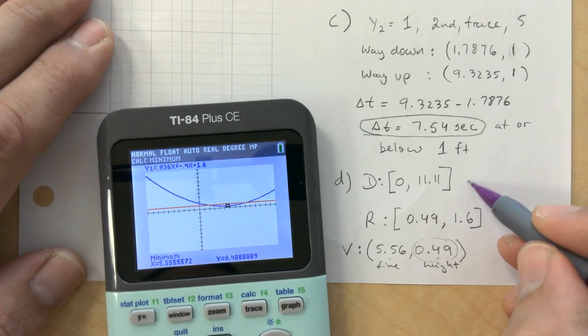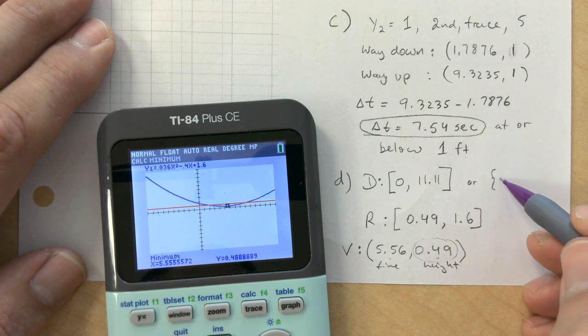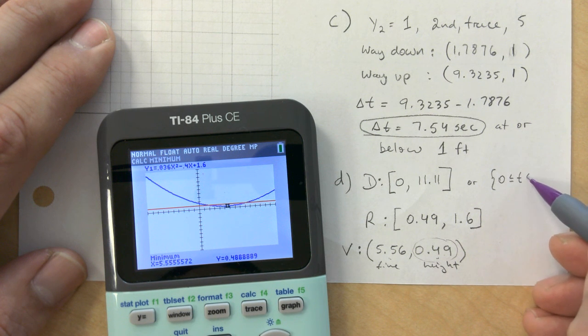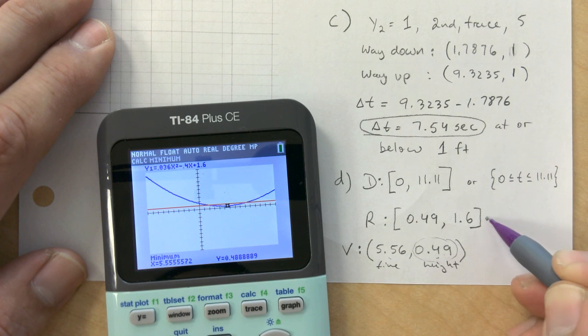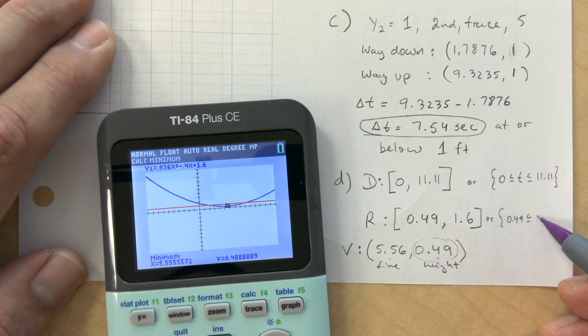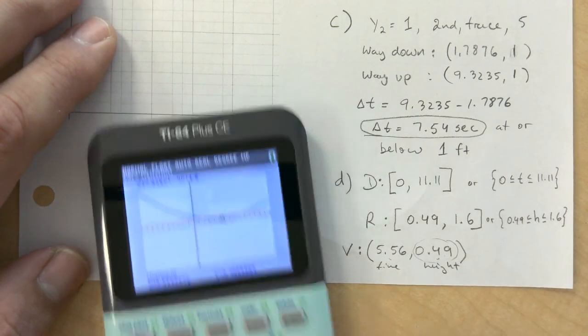Those of you who like set notation, this would be 0 greater than or equal to time less than or equal to 11.11 squiggly brackets, or 0.49 greater than or equal to height less than or equal to 1.6. And there you have it.